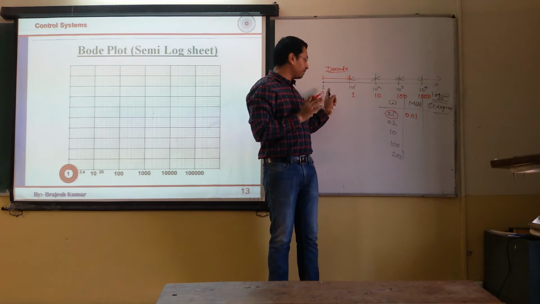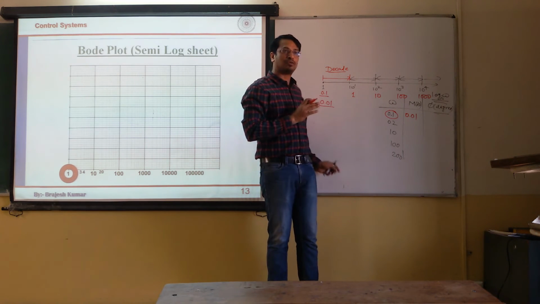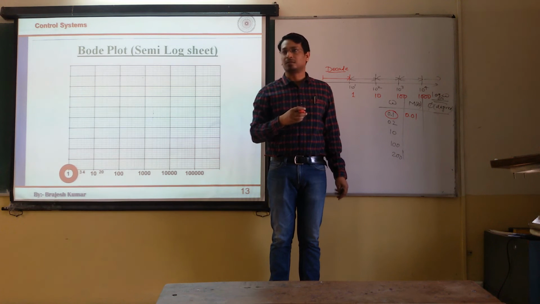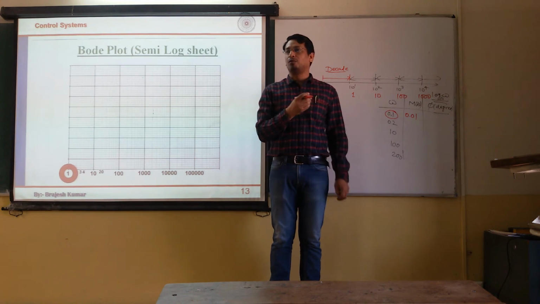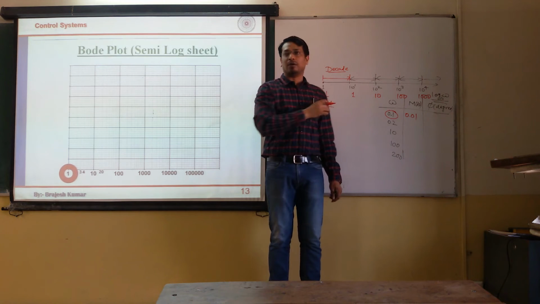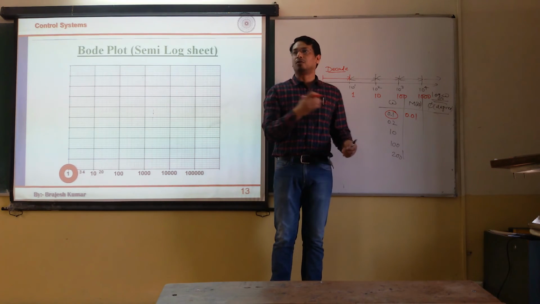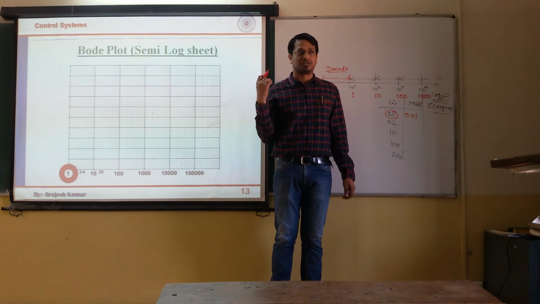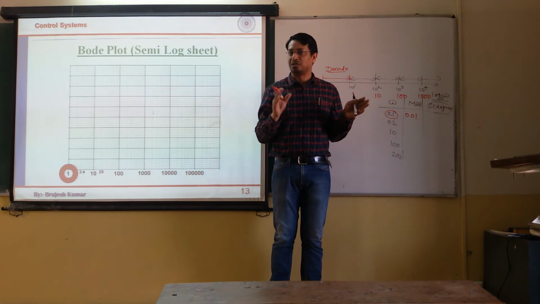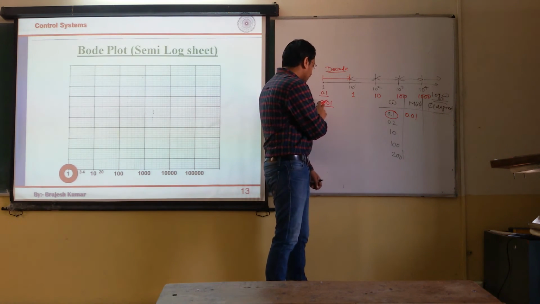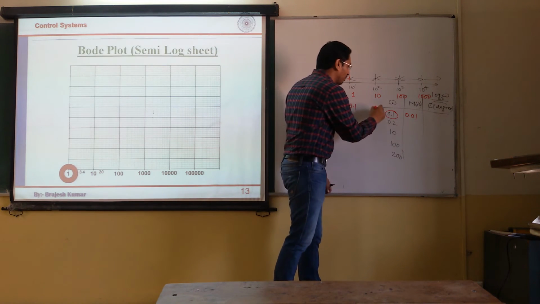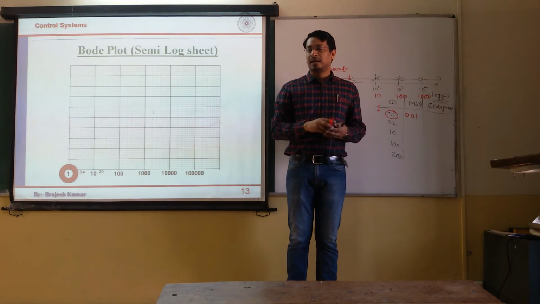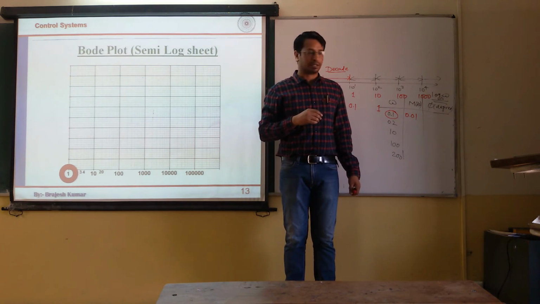You can take 0.1, 0.01, 0.001, whatever you want to use in this analysis, but it depends upon your transfer function. If the transfer function has no pole or zero below this value and you use 0.001, your graph will not be completed within these 6 cycles. So you have to adjust accordingly. If you take 0.01, the next point becomes 0.1, then 1, and likewise. Correct? I think I am clear about semi-logs. Okay.